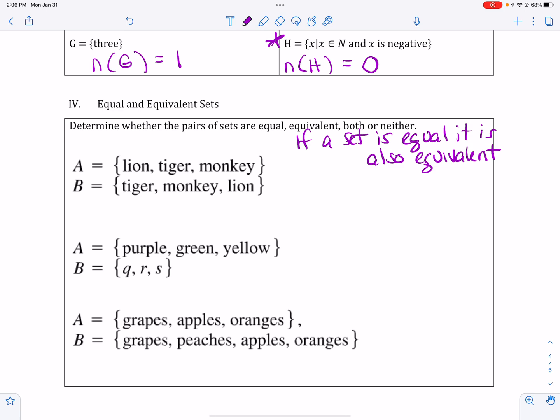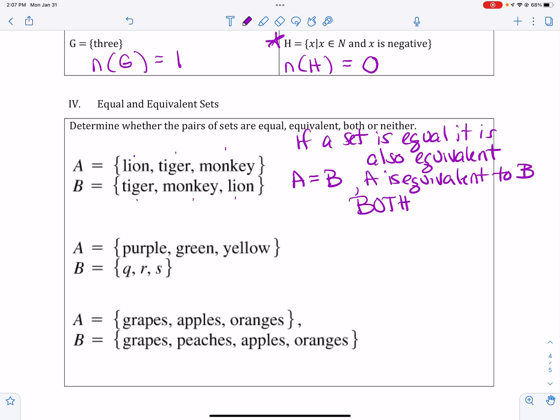Okay. So, lion, tiger, monkey, lion. So, A equals B. A is equivalent to B. So, this one would be both.